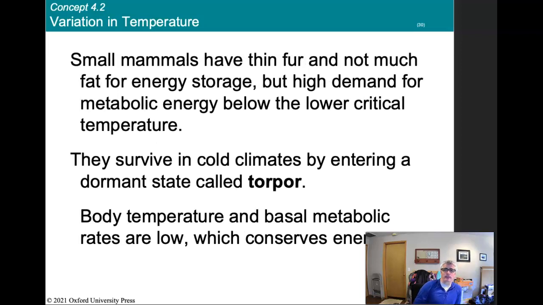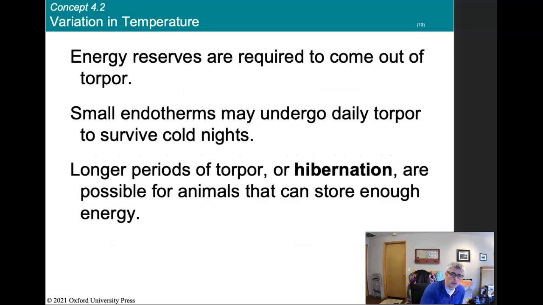Small mammals have thin fur and not much fat for energy, but a high demand for metabolic energy below the lower critical temperature. They survive in cold temperatures by entering a dormant state called torpor. Body temperature and basal metabolic rates are low, which conserves energy. So torpor can be thought of like a mini hibernation.